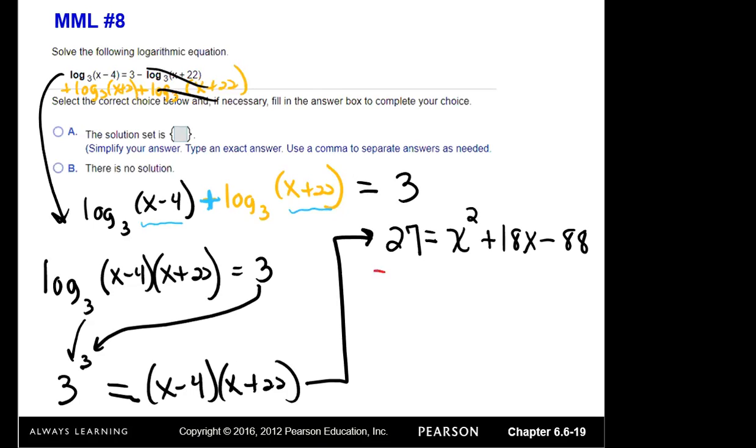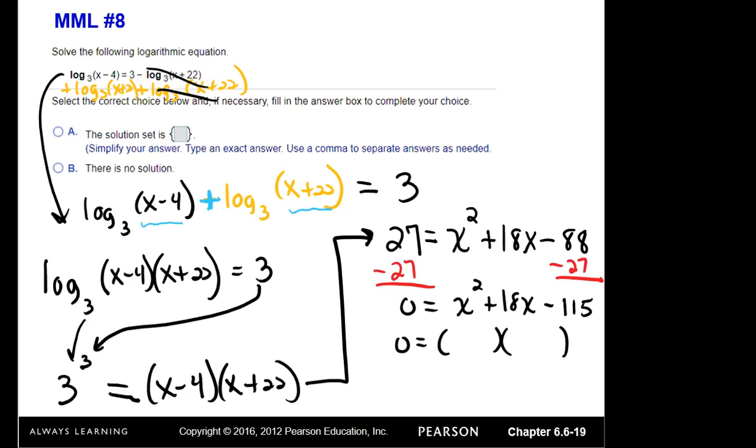Okay, I'm going to subtract 27. And now I got 0 equals x squared plus 18x minus 115. And believe it or not, this does factor. Took me a minute to find the 2, but I found them.